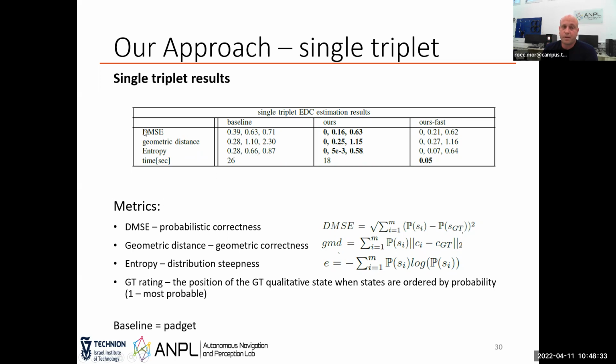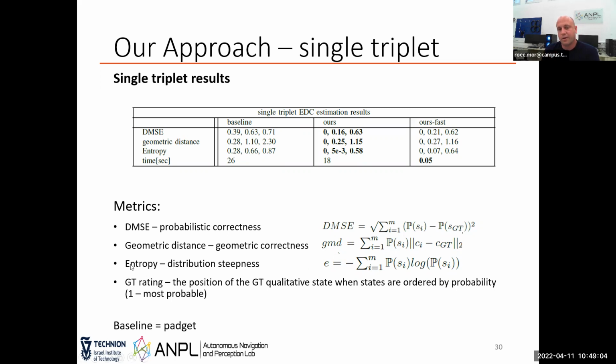The different metrics are: the M.Sc is probabilistic correctness. It's just the probabilistic distance between the ground truth and our estimation. Geometric distance is the same thing, but it takes into account the distance between qualitative states. So if two states are close, then the price is going to be low, and if the states are very far from each other, the price is going to be high.